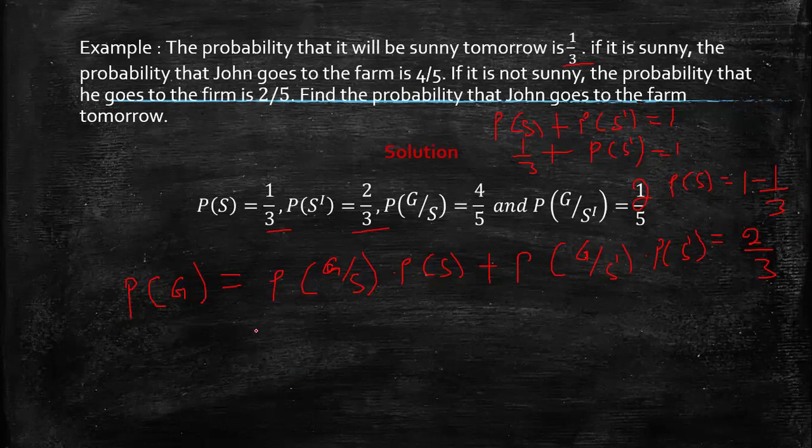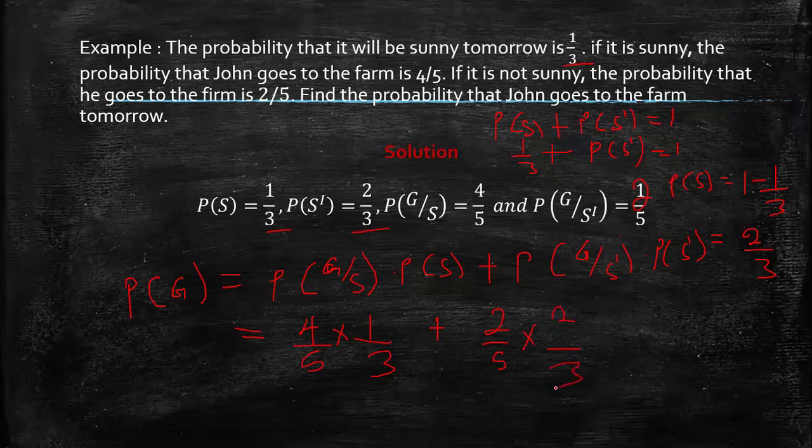Then we substitute. So this is 4 out of 5, multiplied by the probability of it being sunny, which is a third. Then we add 2 out of 5 times the probability that the day is not sunny, which is 2 out of 3.